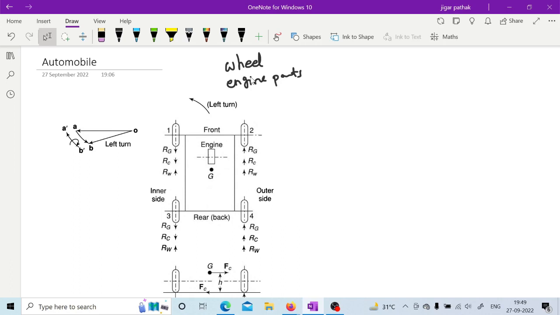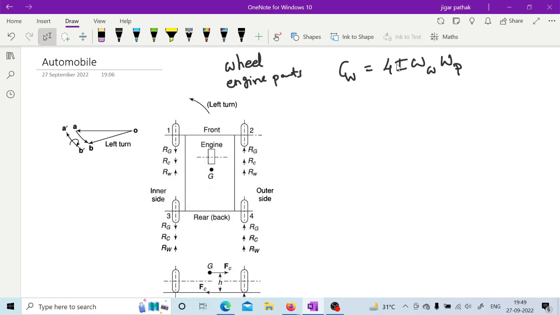Now in this automobile you will have 4 rotors, if you consider the wheels, 4 wheels are there, and each of them is generating I omega p, right?